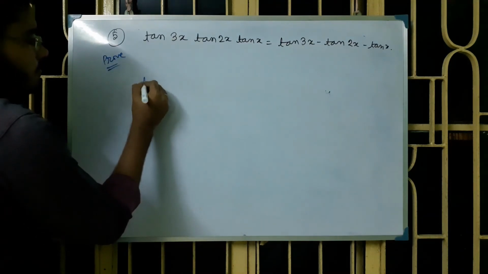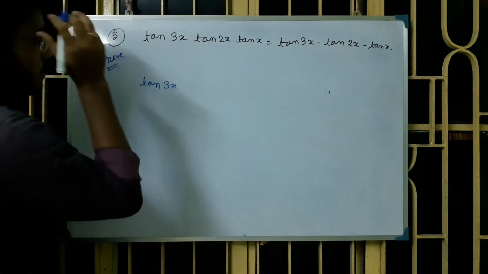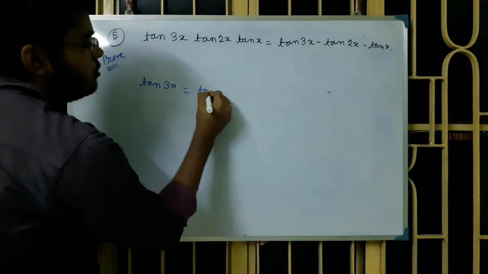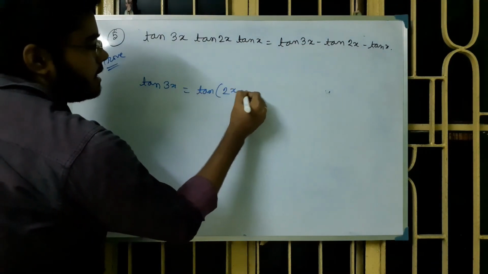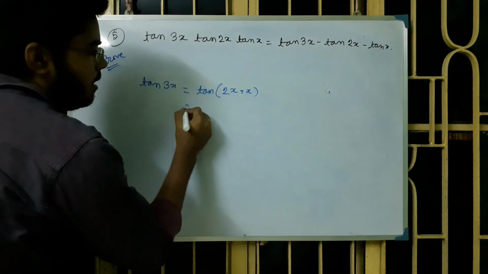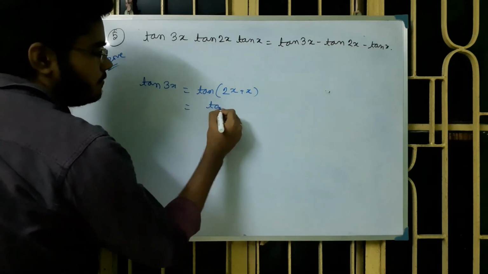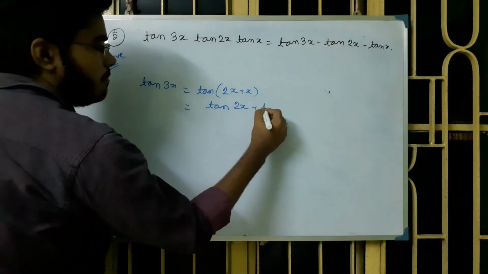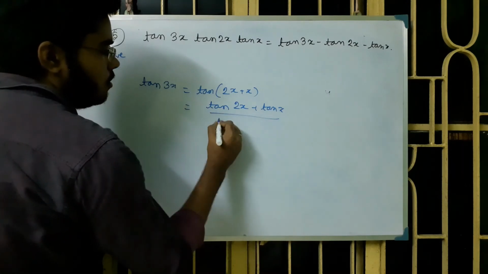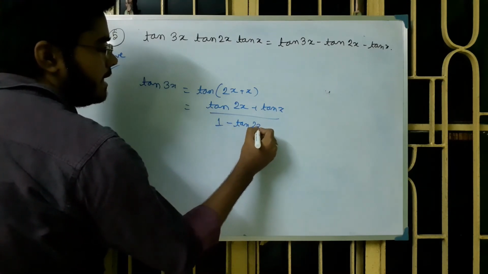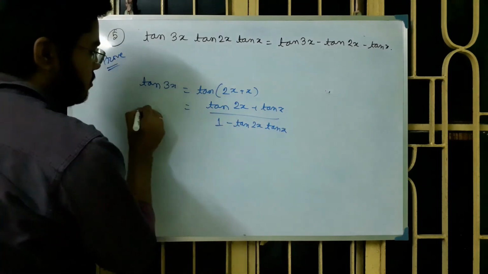You know that tan 3x is tan of 2x plus x. So tan of a plus b is tan a plus tan b upon 1 minus tan a tan b, that is tan 3x.